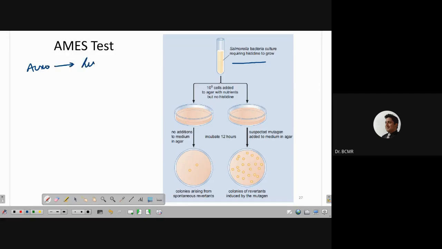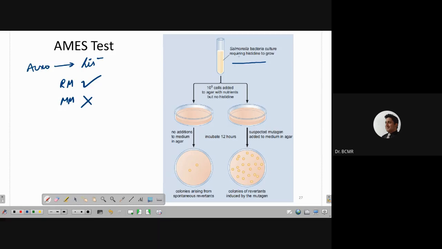It cannot synthesize histidine. When you say his minus, that means this Salmonella cannot synthesize histidine. So will it grow on rich medium? Yes, because histidine is already prepared readily, so it just takes it up and uses it. Can it grow on minimal medium? No, because there is no way it can synthesize histidine. So it cannot grow on minimal medium.